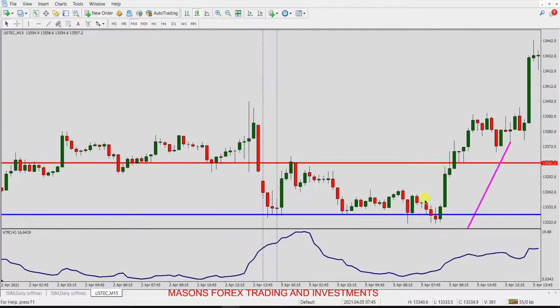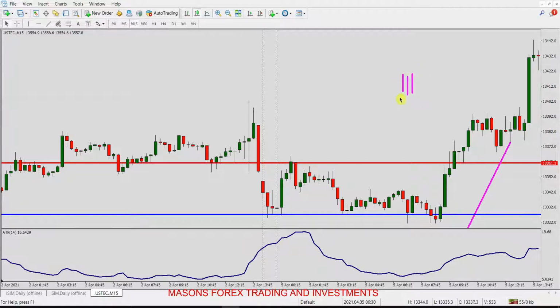So going back, we could have profited from this move. This is a lovely entry. Let me try and draw it for you. If you look at what's going on here, we have something like this. Something like this. We can define it as a 3-bar reversal.